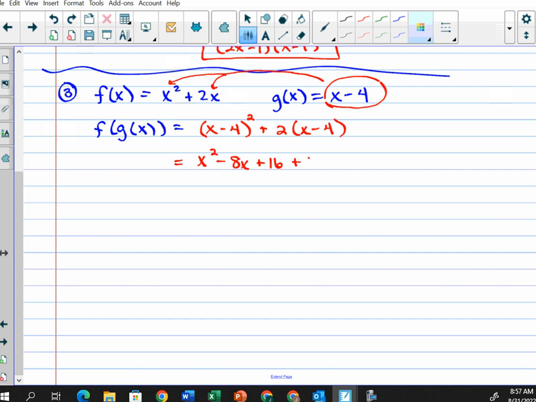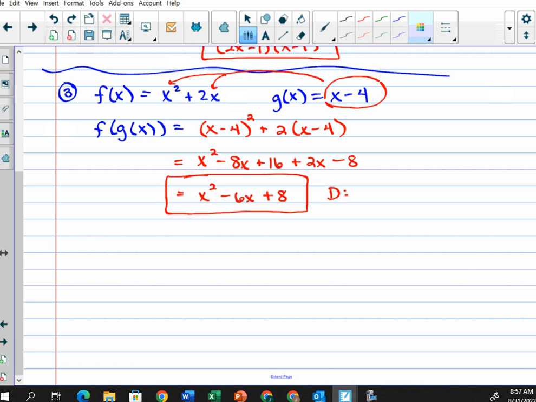And then we'll say plus 2x minus 8. So your final answer here is x squared minus 6x plus 8. And no, you don't need to factor or do anything with that. We're not solving. That's just your answer. Okay. That one was easier, right?